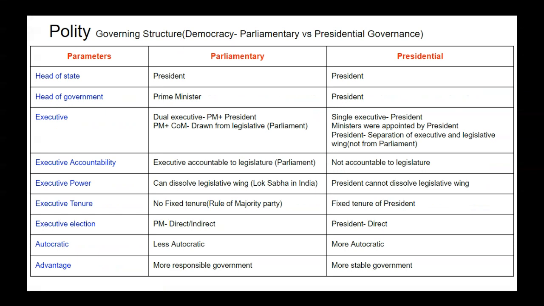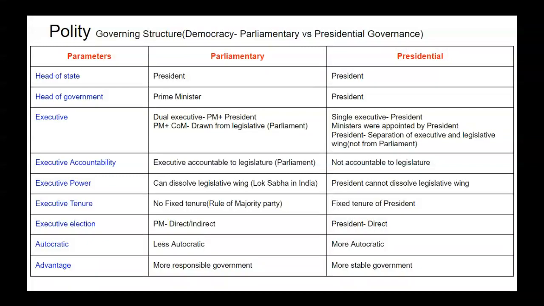So in presidential form of government, there is separation of executive and legislative wings, as the ministers or executive are not drawn from parliament. Regarding executive accountability, in parliamentary system, the executive is drawn from parliament or legislature, so the executive is responsible and accountable to the legislature.